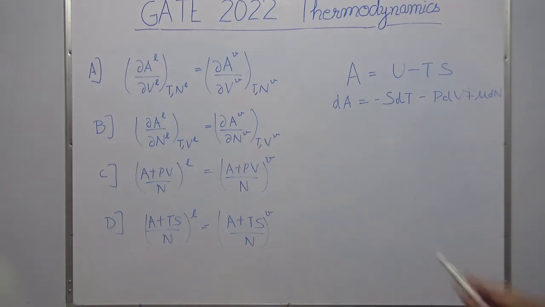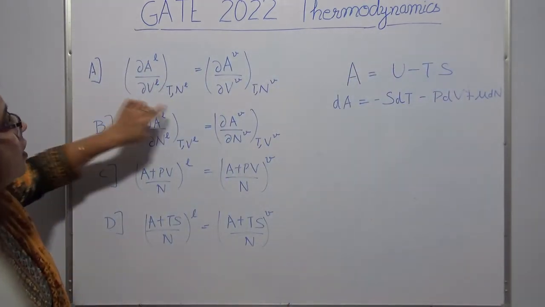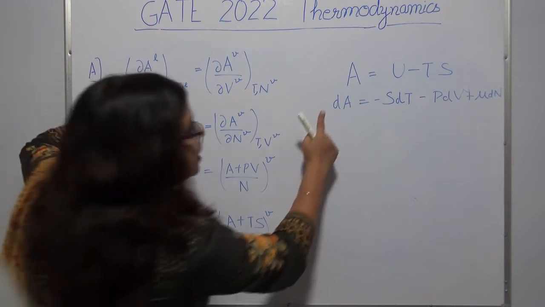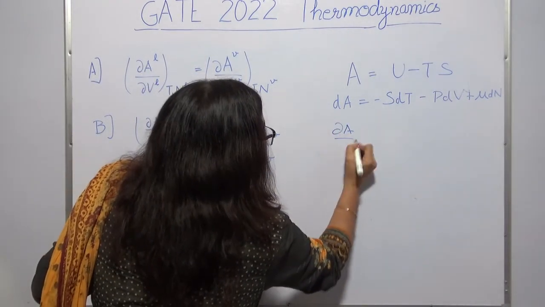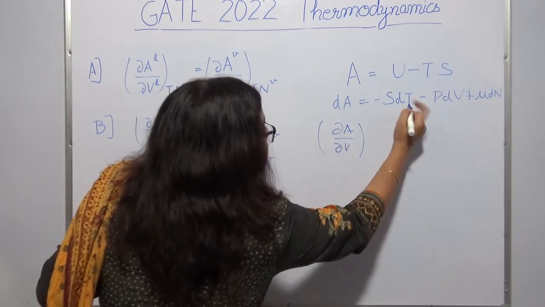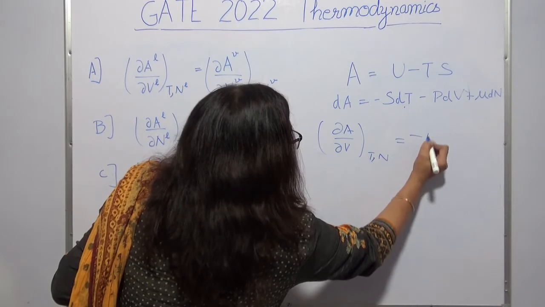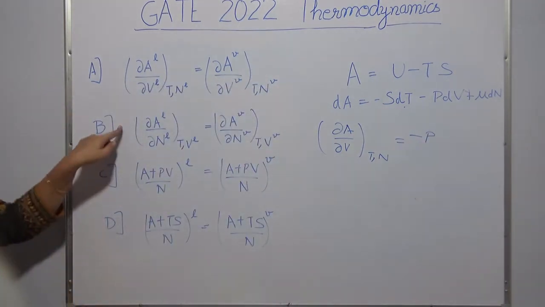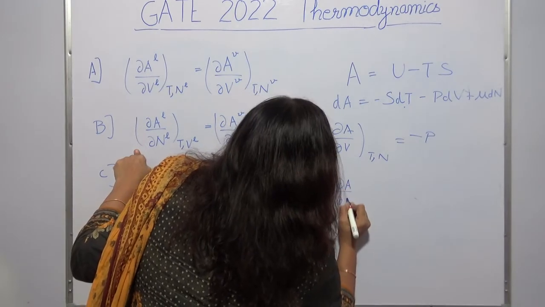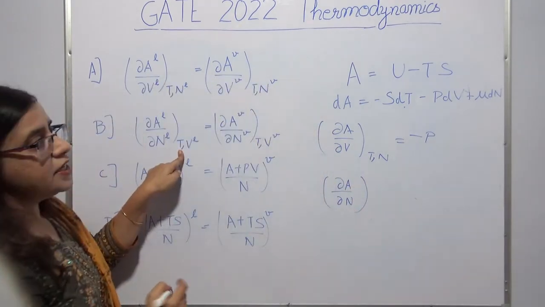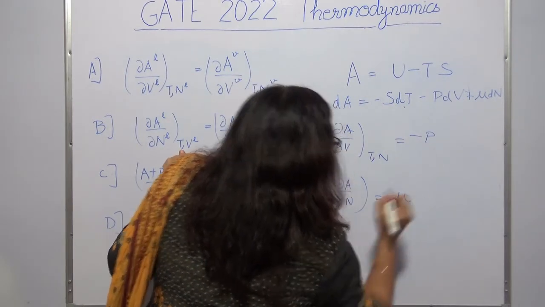Now let's use it. So del A by del V, okay, at constant T and n, that is nothing but equal to minus P. Okay, del A by del n, let's write that, del A by del n at constant T and V, that is nothing but mu.